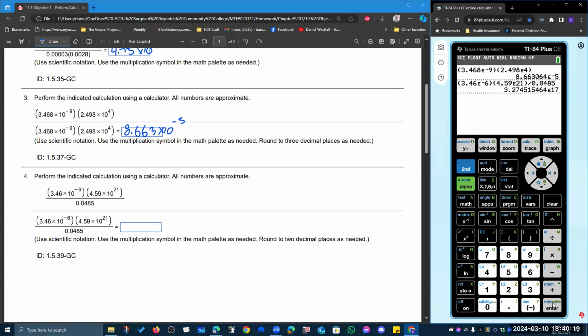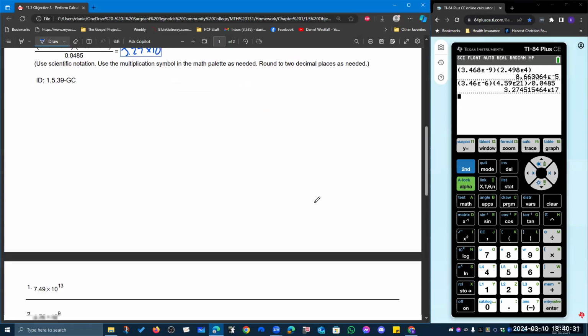And we're going to round to 2 decimal places as needed. So that's 3.27 times 10 to the 17th power. And that's it.